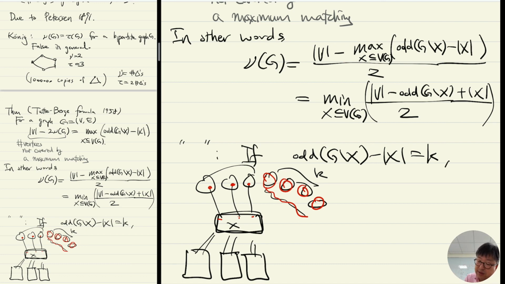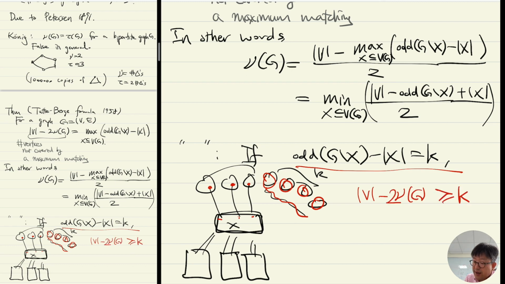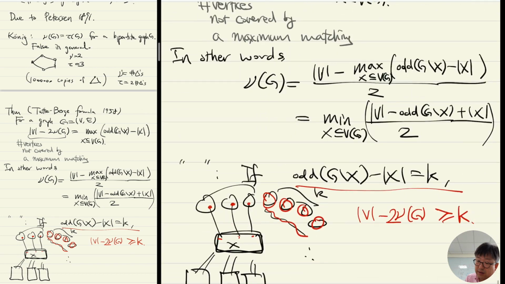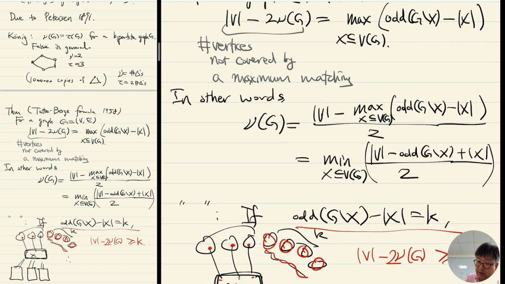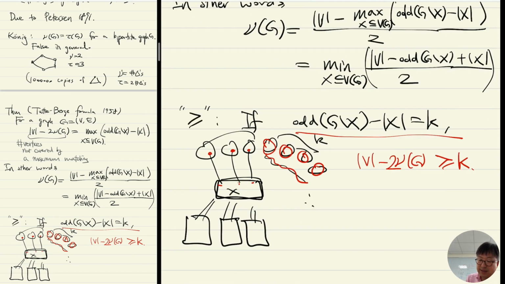So if this number is equal to K for some X, then the number of vertices minus twice nu of G is at least K. So that means this direction is easy. The left hand side is always greater than or equal to the right hand side.